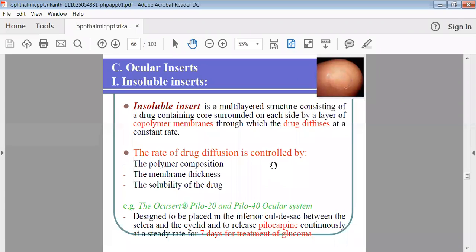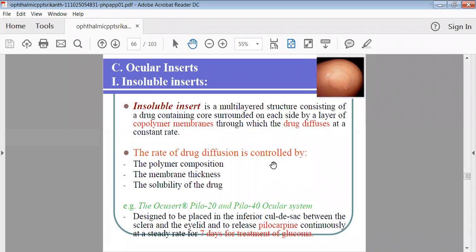And depending on the solubility of the drug, we can also decide how much drug will be released from your occlusert from time to time. So these are the three basics: polymer composition, membrane thickness and solubility of the drug. By using these three techniques we can fix the amount of drug that will be released from your eye occlusert from time to time.